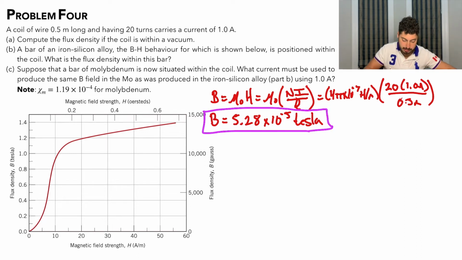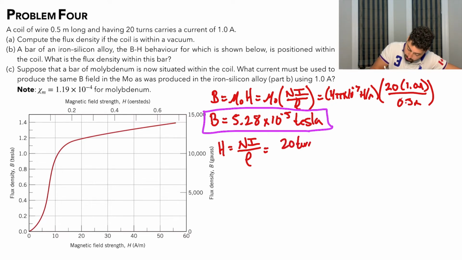So that's all we have to do for part A. Now part B says a bar of an iron silicon alloy, whose BH behavior is shown, is positioned within the coil. What is the flux density of the bar? So the first thing that we need to do is determine the magnetic field strength. So H is equal to the number of turns times our current divided by our length. And that's going to be 20 turns times 1 amp divided by 0.5 meters.